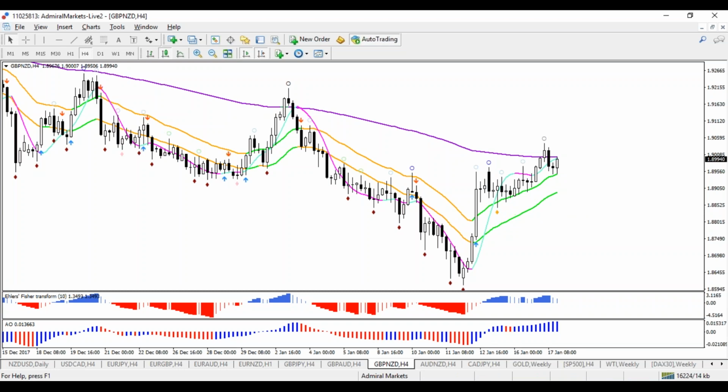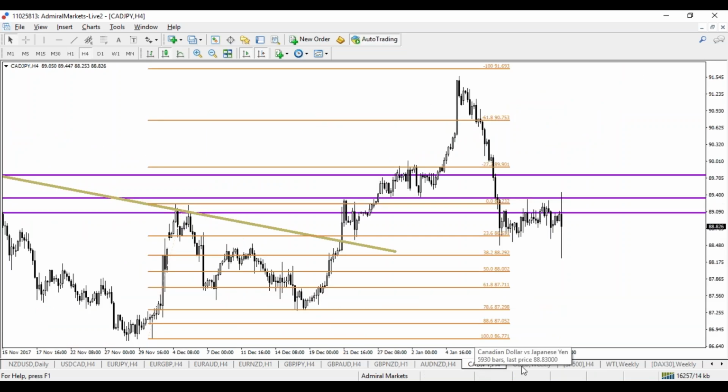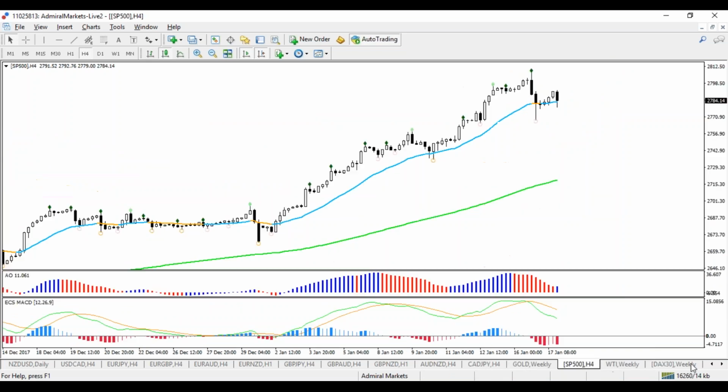Just don't see any particular entry at this moment. If there is a flag like this, and a breakout, that could look good. Flag and breakout, all right? Otherwise, let's see.